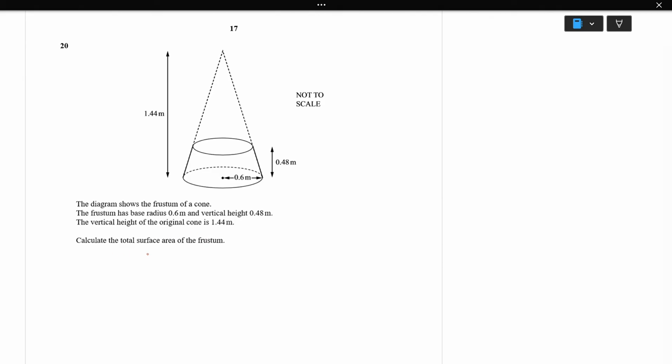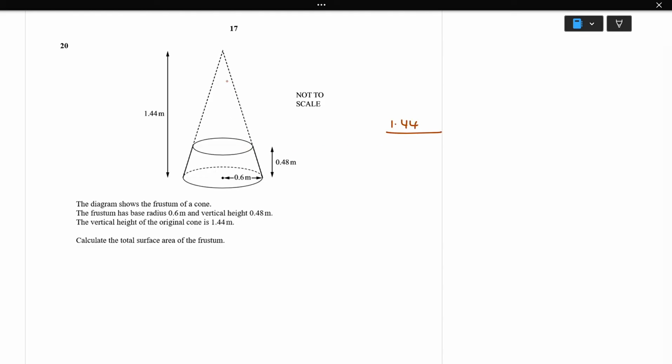Calculate the total surface area of the frustum. For the big cone, the height is going to be 1.44.